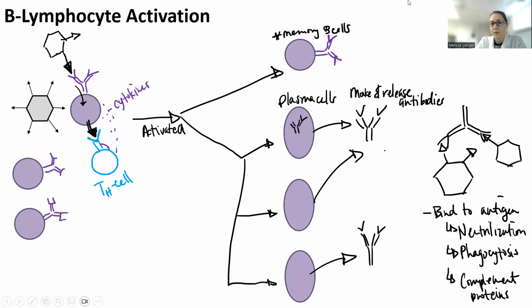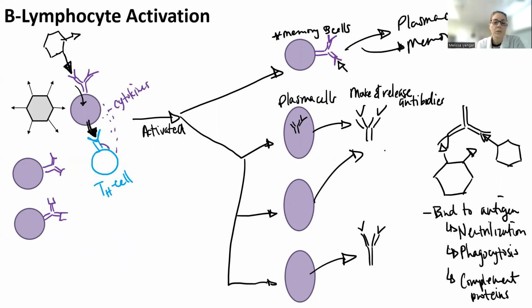The same thing is going to happen for our B cells over here. Instead of going through this complicated activation process, as soon as my antigen binds here, that causes me to create plasma cells and more memory cells, which means I can create antibodies much quicker because I already had those memory cells present.